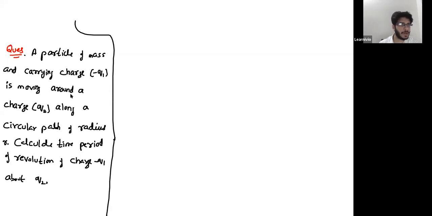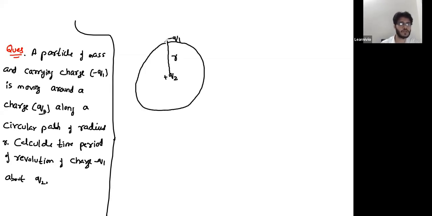So you have a charge q2. Around this charge q2, in a circle of radius r, a charge minus q1 is revolving. Let's say the velocity of minus q1 is v.